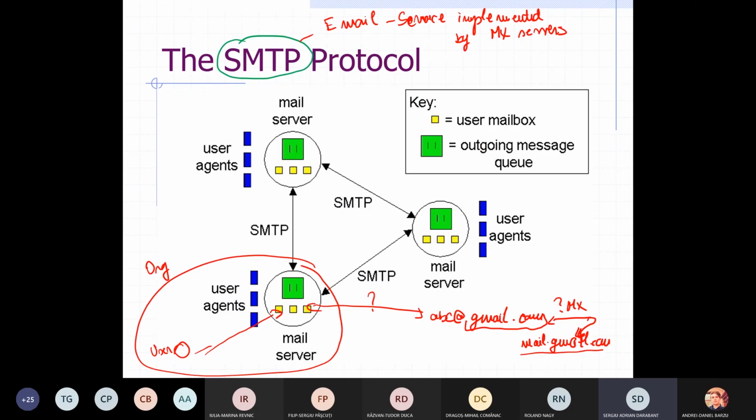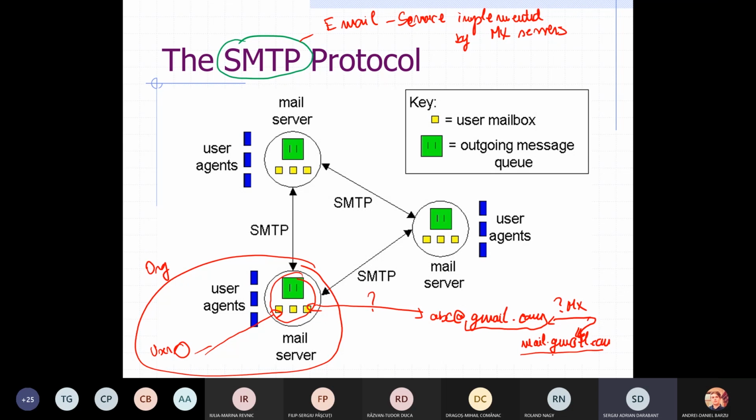In my case here, I will assume that the two of them are the same. Okay, the outgoing email server is the one to which I am sending email from my Windows machine, and tell it, okay, just send email to abc@gmail.com. And what this mail server does is ask for the MX record.